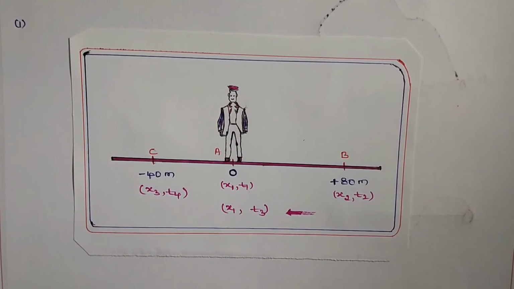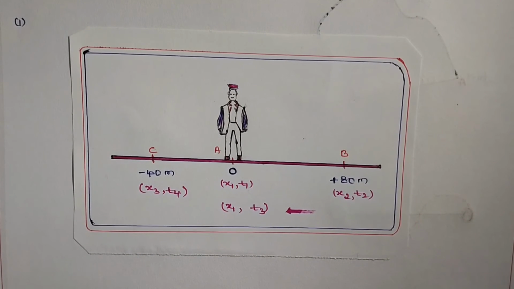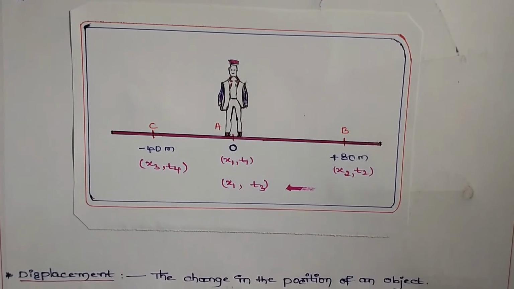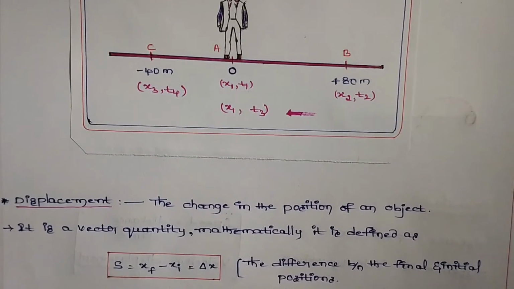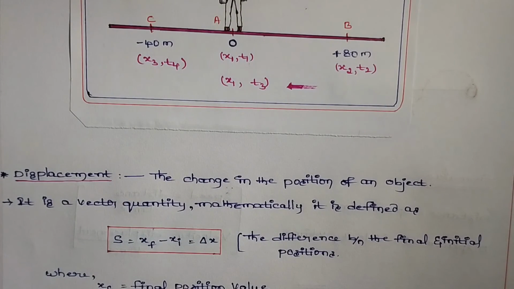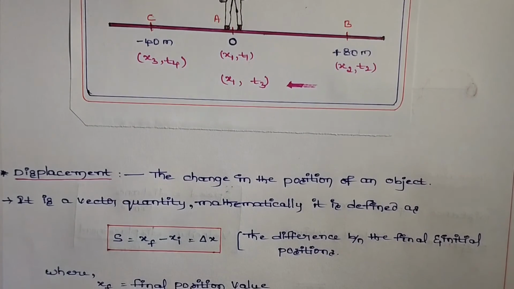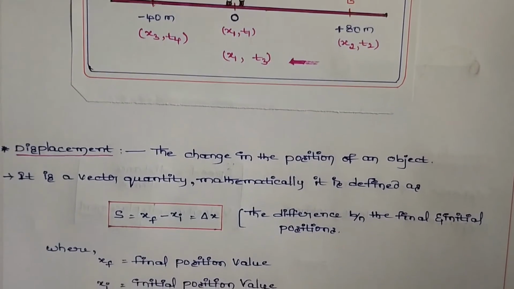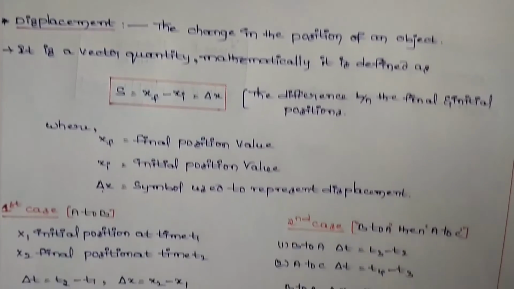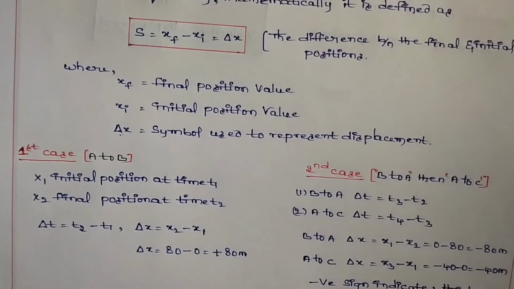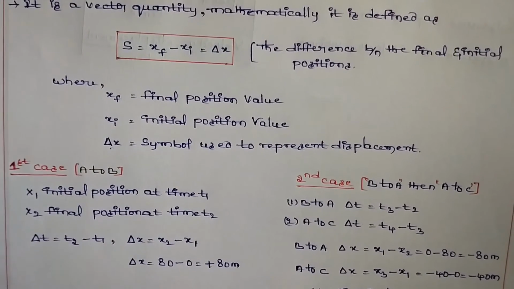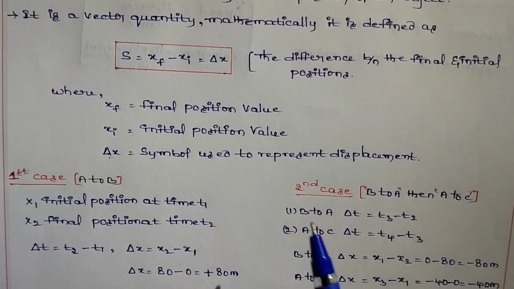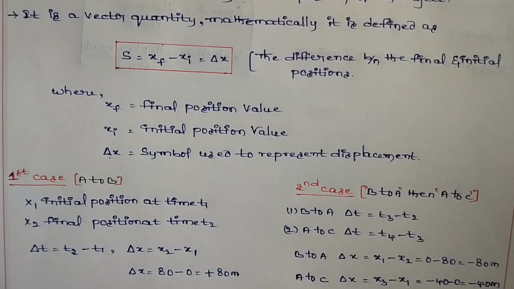So in this example, we will discuss how the change in position, the displacement, is calculated. I will explain through this diagram. Here in the first case, he traveled from A to B.